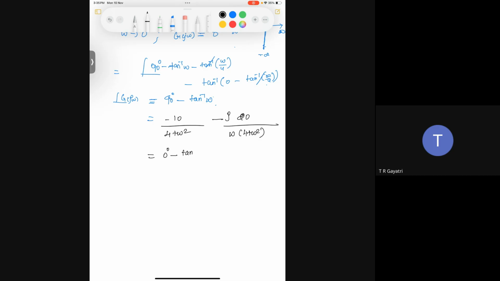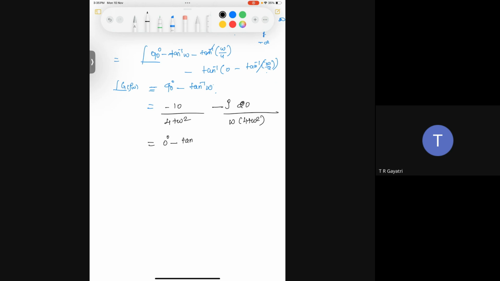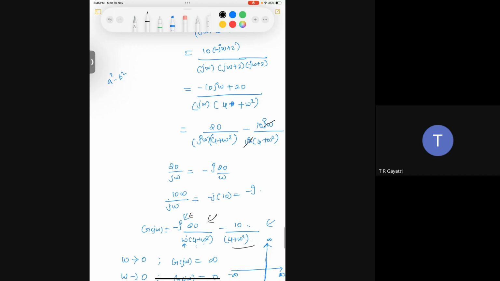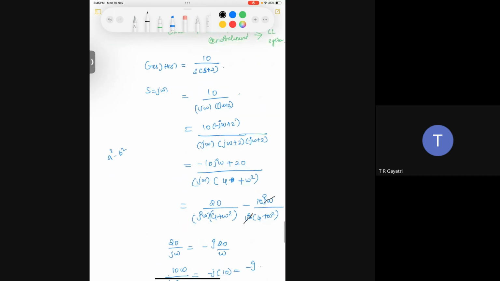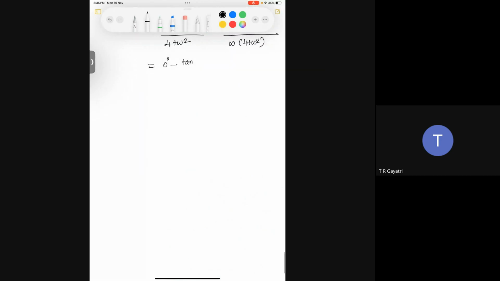Yeah. So we can directly write it as tan inverse of b by a. Since j is in the denominator, it will be minus, no? There is no j term in the denominator. Okay, then we can write it from this. Instead of taking the simplified terms, we can write it from this. It will be easy.